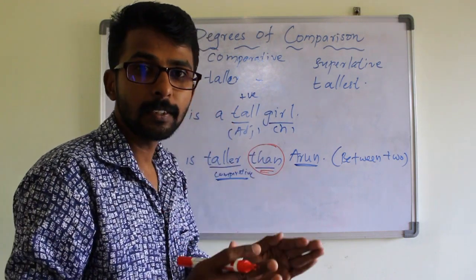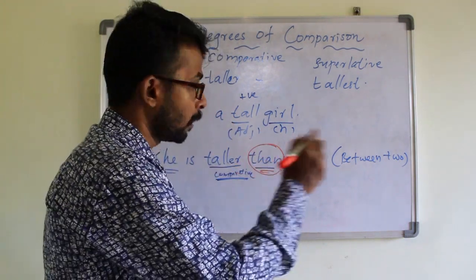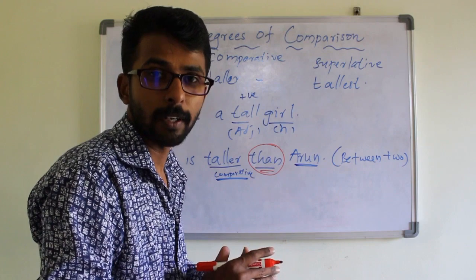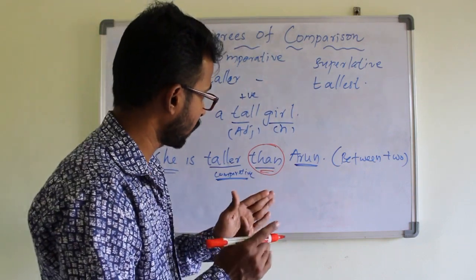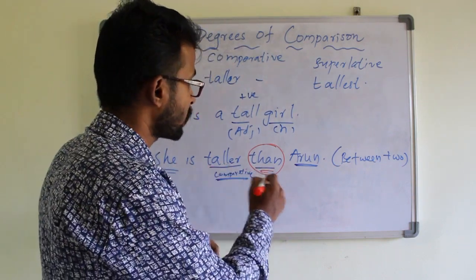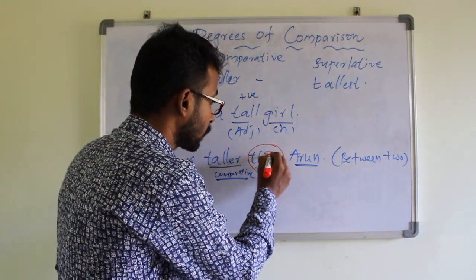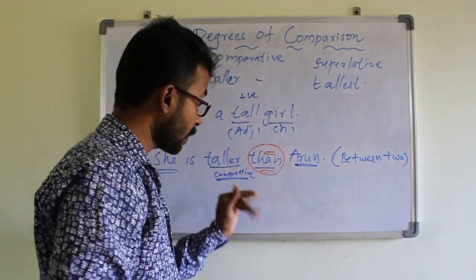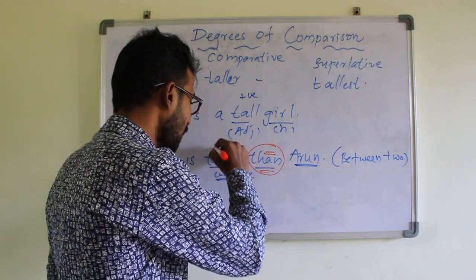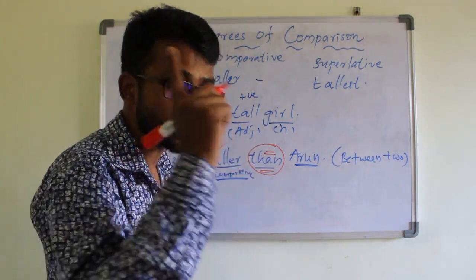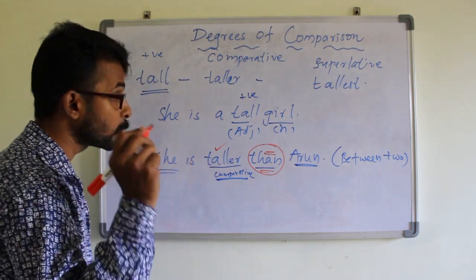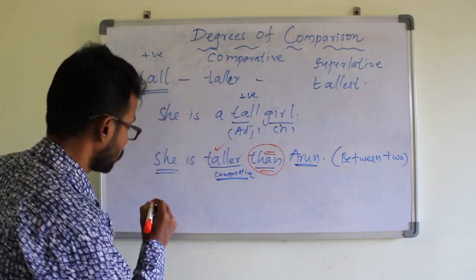They will ask this in fill in the blanks form and all, right? So whenever the fill in the blank is "She is dash than Arun," whenever you see this than, that shows that you are supposed to use the comparative form of the adjective, right?